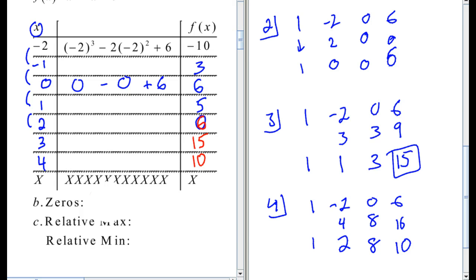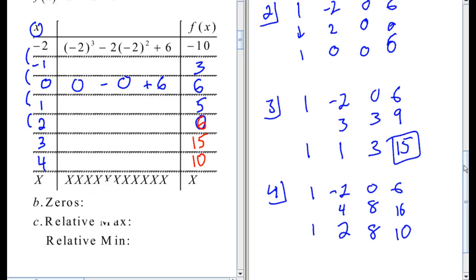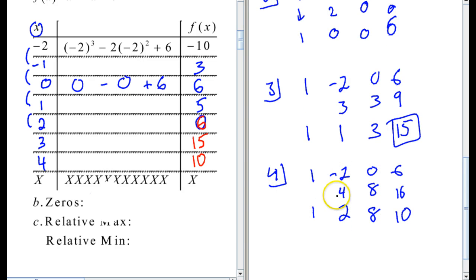You got 38? You saying? What did I do wrong here? It's 16 instead of 26. Oh, that should be 32, huh? 4 times 8. 32.